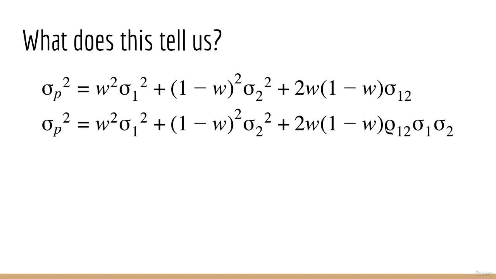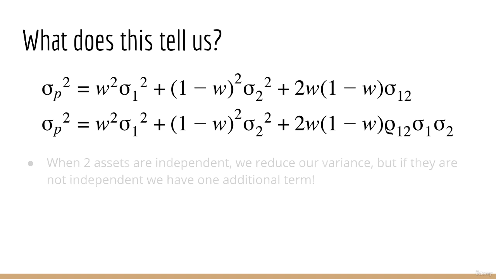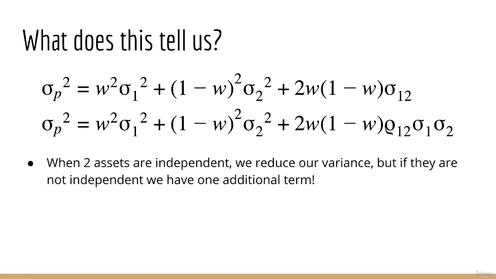There is one useful fact that we can see from our expression for the variance of a two-asset portfolio. As you saw previously, when we create a portfolio from completely independent assets, we reduce our variance. But this is now the case where R1 and R2 may not be independent. What happens if W is a positive number less than 1?